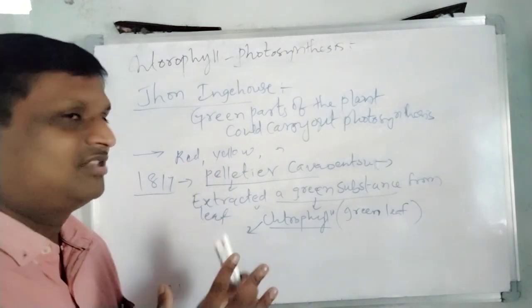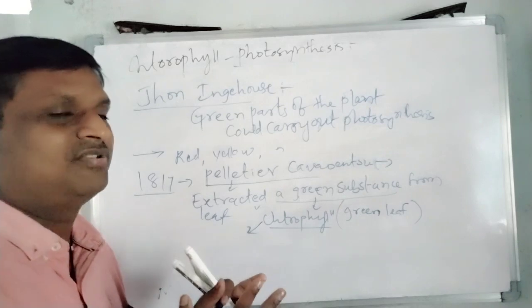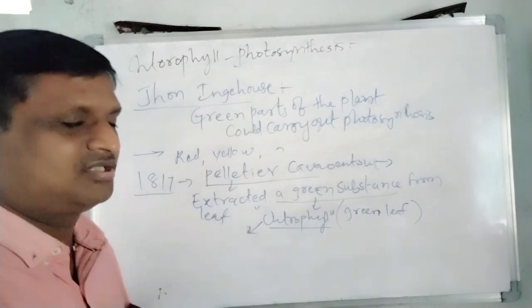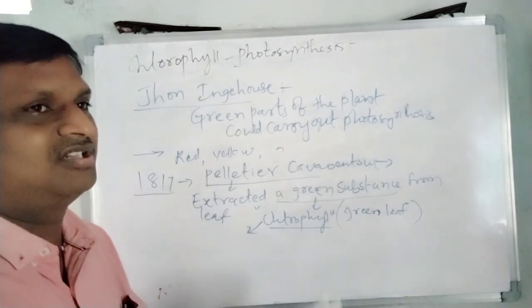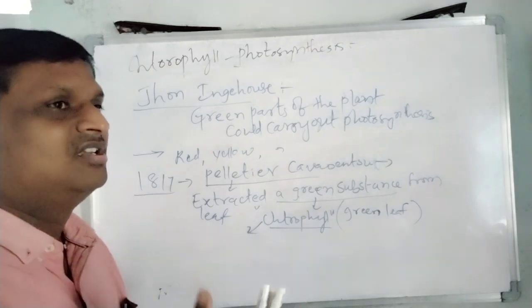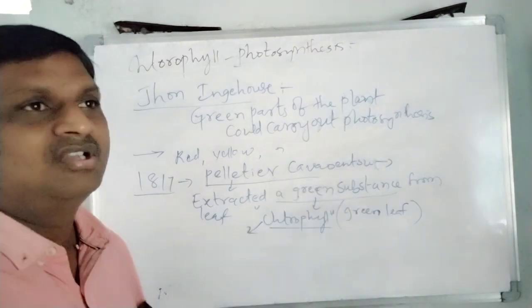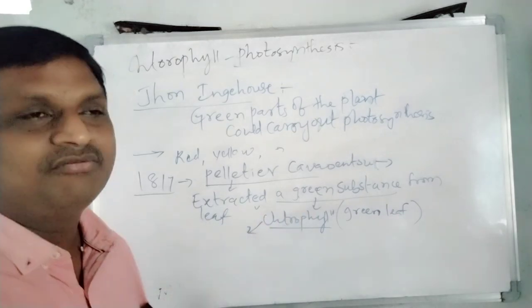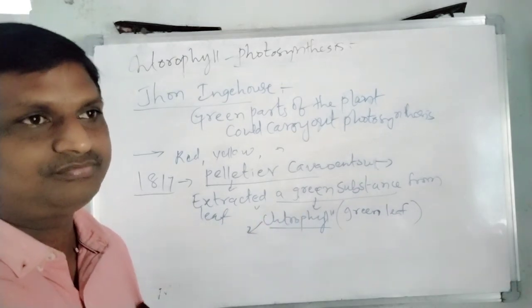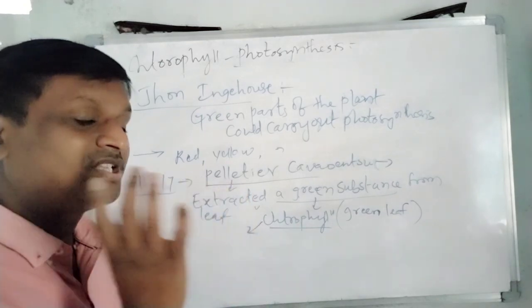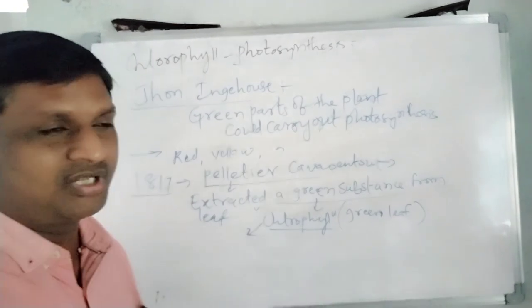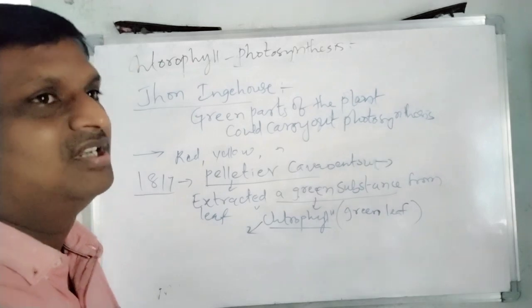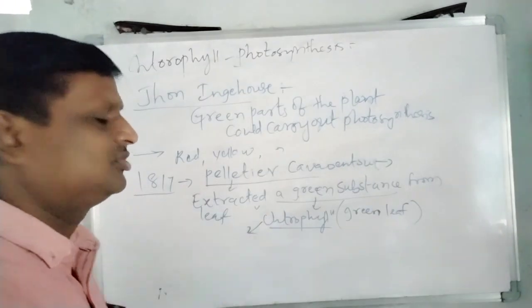Even if all the factors needed for photosynthesis are arranged in artificial conditions or in a lab, photosynthesis cannot occur. So the chlorophyll must be intact in the leaf to prepare the food material. That is the most important point.